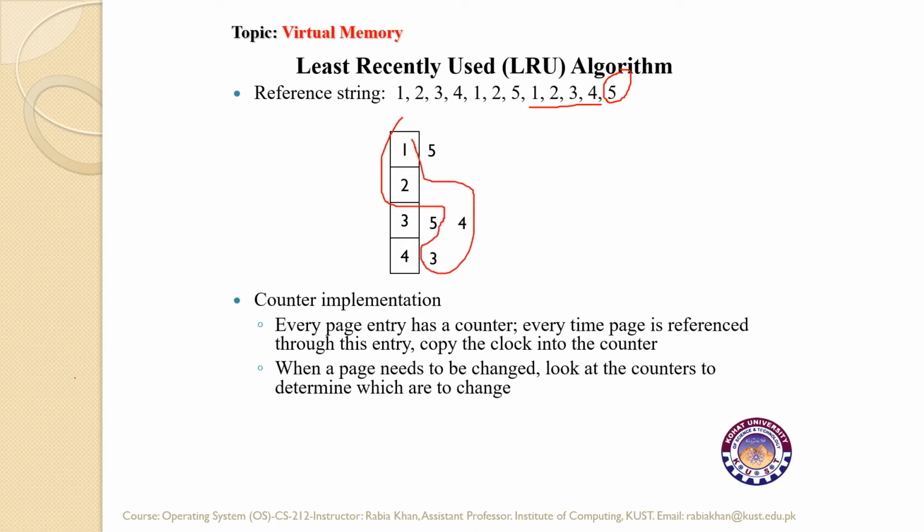This is the frame structure. Page number 4 is used recently in the past, so we cannot replace it. Page number 3 is a little far away in the past, so we cannot replace it. Page number 2 is a little further away, so we cannot replace it. And the farthest away in the past is page number 1. So page number 1 is used least in the past, it goes out and page number 5 comes in at its place. Hence this algorithm goes to completion.